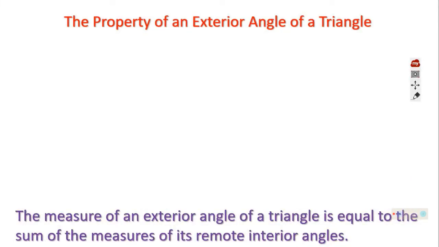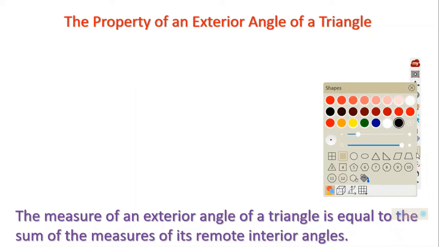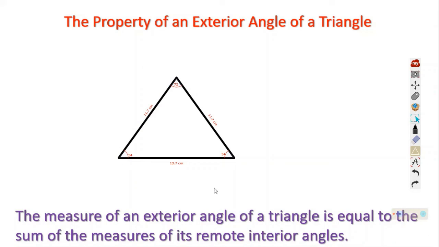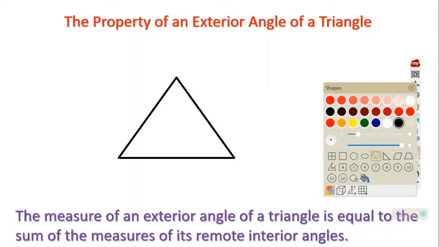Now, after understanding about exterior angle, there are certain properties for this exterior angle which are the most important aspect of this chapter. For that, I need to draw the triangle here. I'll draw a triangle here. Now, I need to extend a side of it to create an exterior angle.